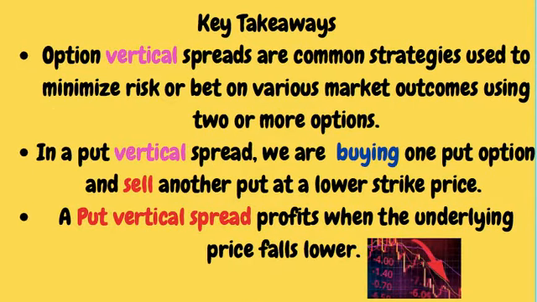The key takeaways, I think you're starting to figure out that there are a lot of different option strategies that can be used in your trading. This put vertical spread is about buying one put option and selling another put option at a lower strike price. And this put vertical spread profits when the underlying stock price falls lower.